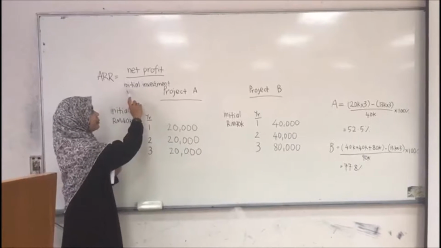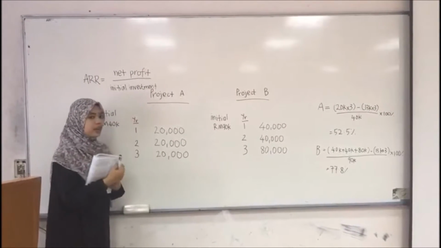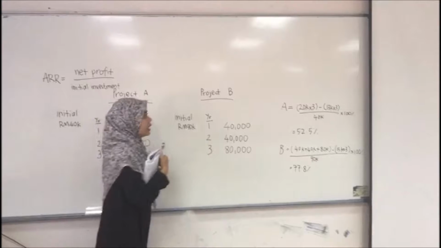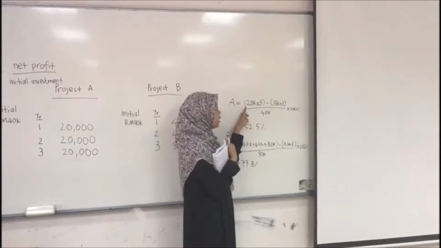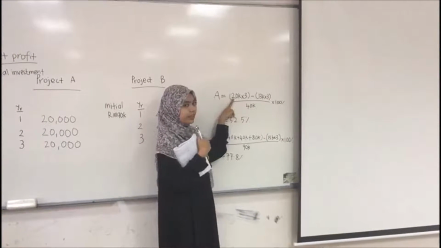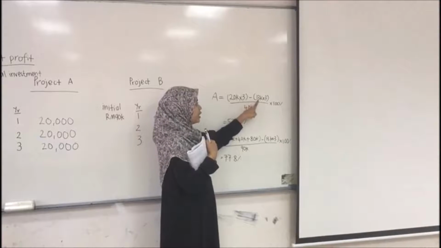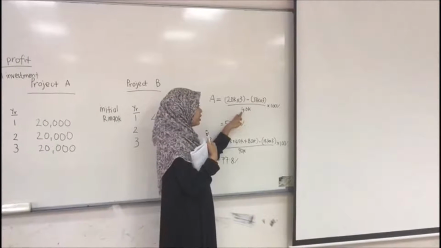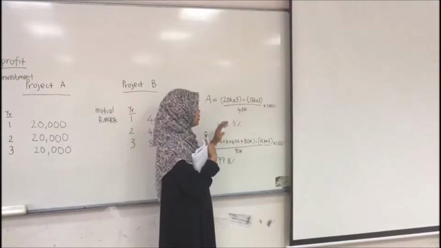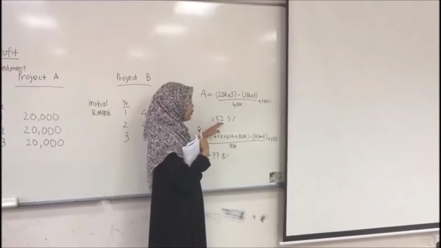So this is the formula for calculating the ARR: net profit divided by initial investment times 100 to get the percentage. For project A, the inflow is 20,000 every year times 3, minus the depreciation, divided by the initial investment. We get 52.5%.